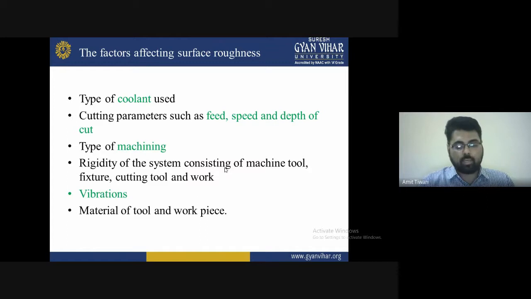Then you will check the surface roughness after machining. So it will be easy to understand. If you want good surface finishing, you just maintain all these factors. All the factors are responsible for machining.